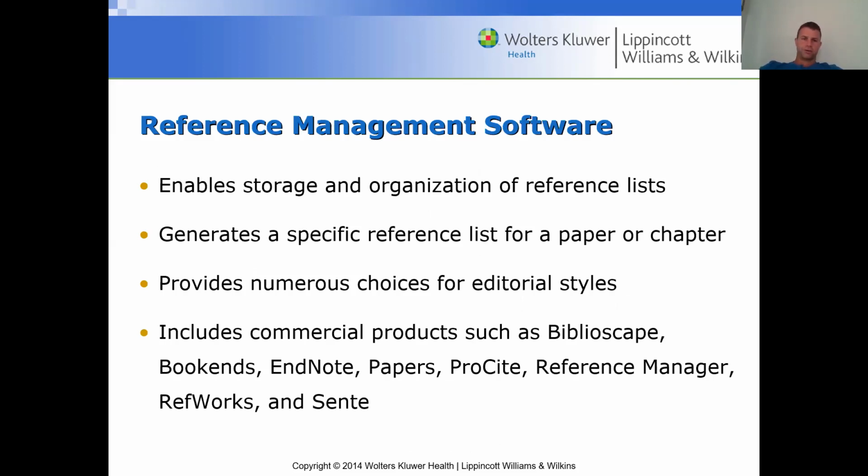Reference management software enables storage and organization of reference lists, generates specific reference lists for a paper or chapter, and provides numerous choices for editorial styles. These are all different ones on here. Word also has its own that it uses, and depending on what you're writing, sometimes that will work, sometimes it won't.